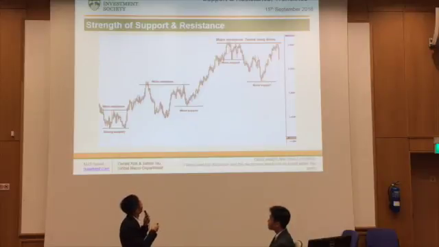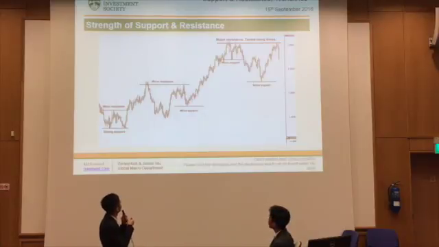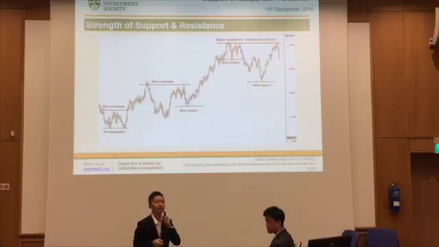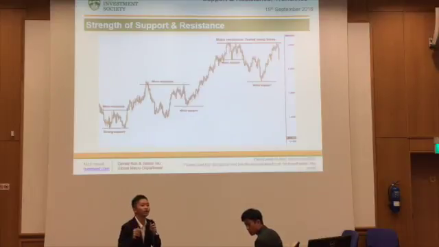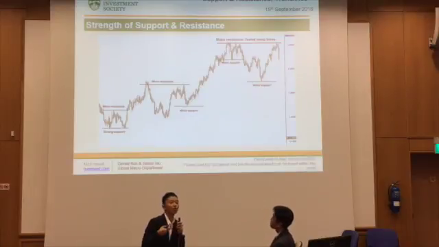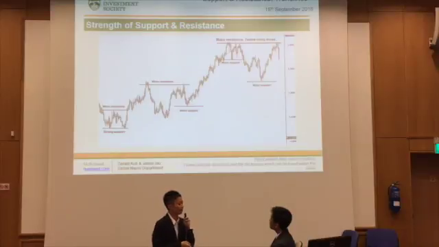For a major resistance line as compared to a minor resistance line, you have more confidence in the major one. Similarly for support, the more times it fails to breach the line, the more confidence you will have in these lines. Okay, very simple.